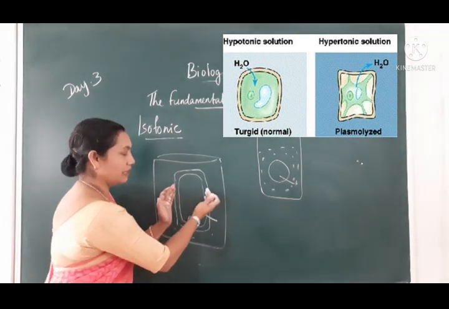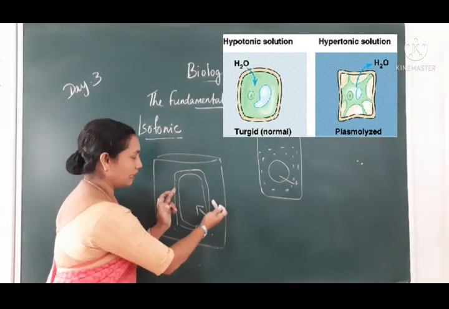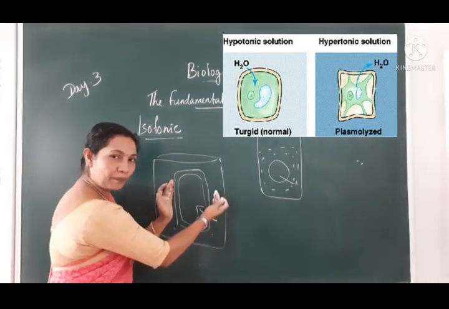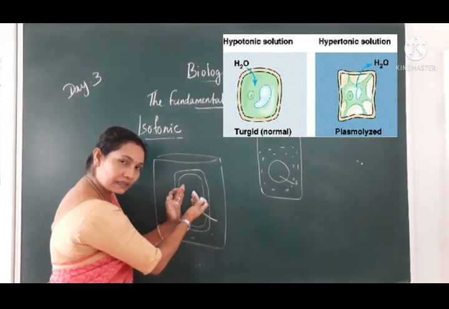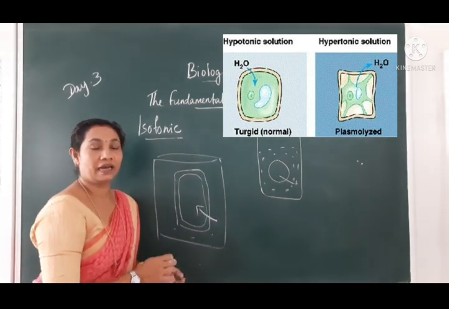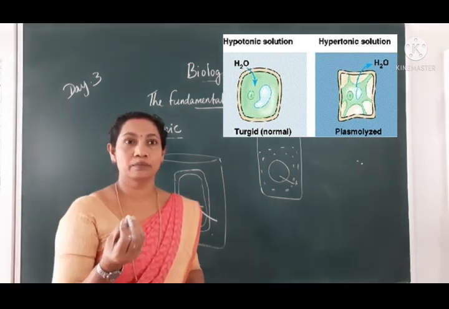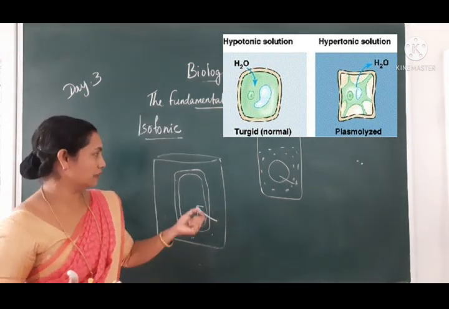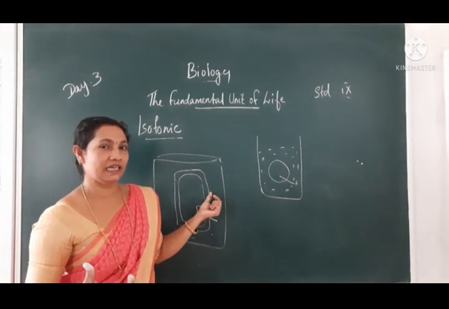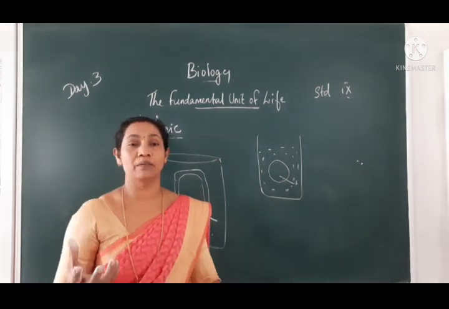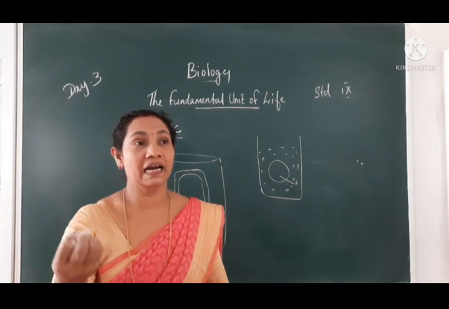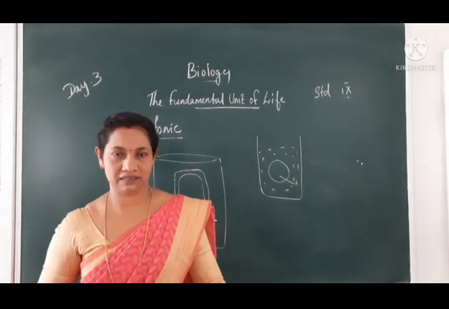When the cell bulges out, the cell wall creates an equal pressure against the cell. As a result, this plant cell never bursts. So due to the presence of the rigid cell wall, plants are able to withstand adverse climatic conditions.